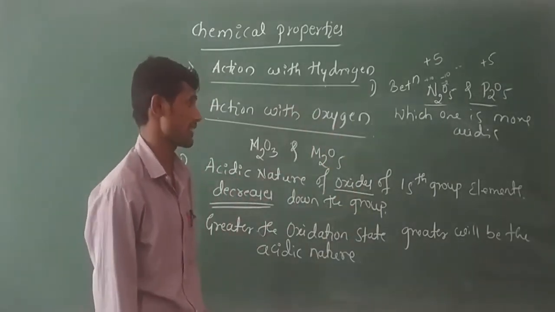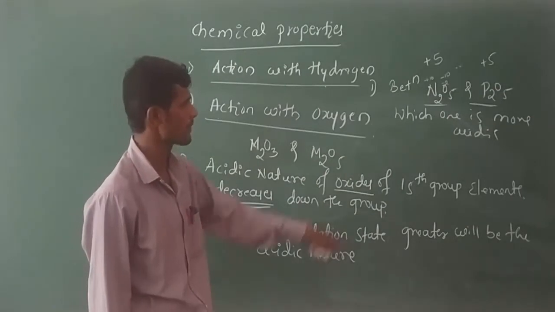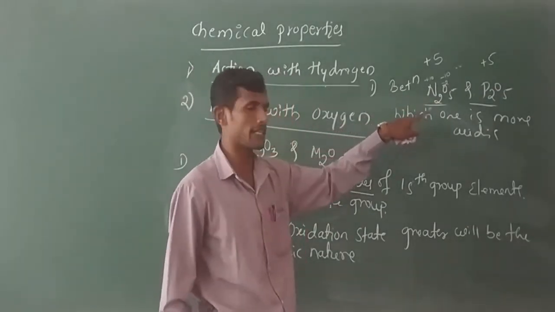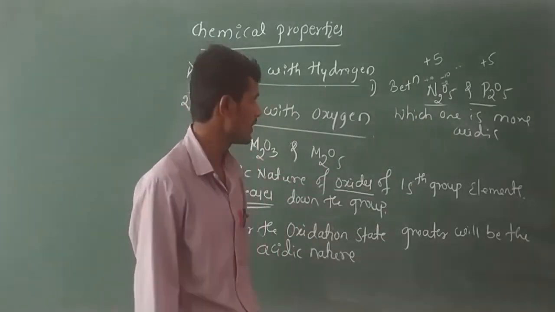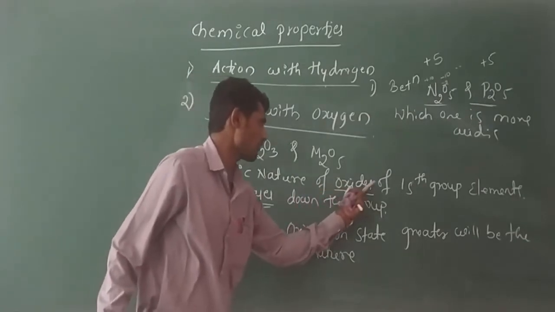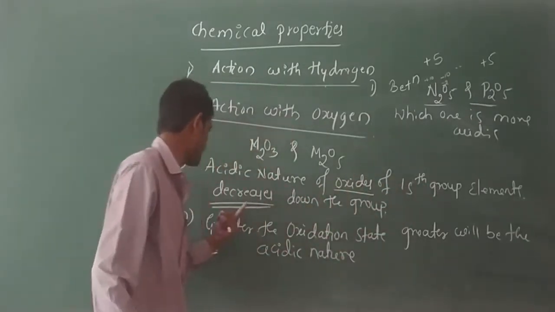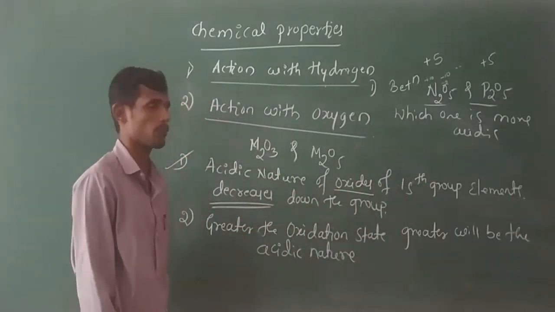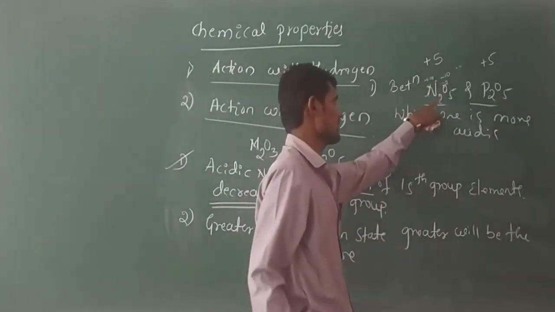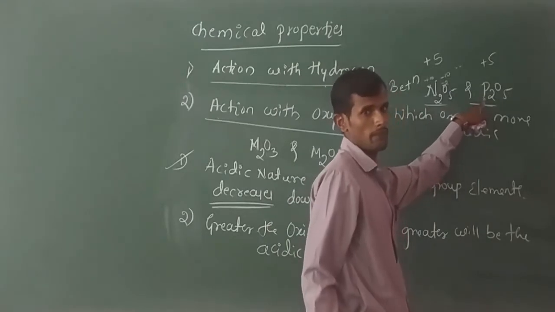Then which one is the answer? Our question: between N2O5 and P2O5, which one is more acidic? Apply this point: the acidic nature of oxides of 15th group elements decreases down the group. If you move down the group, first comes nitrogen and next phosphorus.